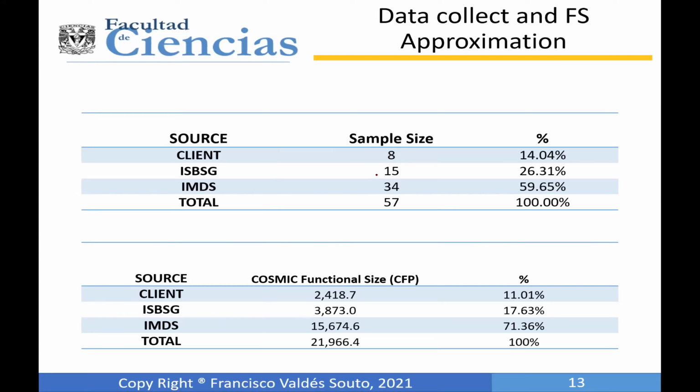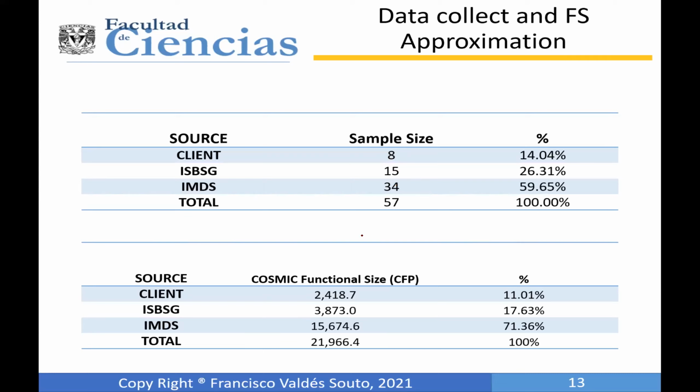We get 15 projects from the ISBSG, and we get 34 projects from the Mexican database. So the total is 57 projects. That is better than 8 projects, or better than 15 or 34 independently.